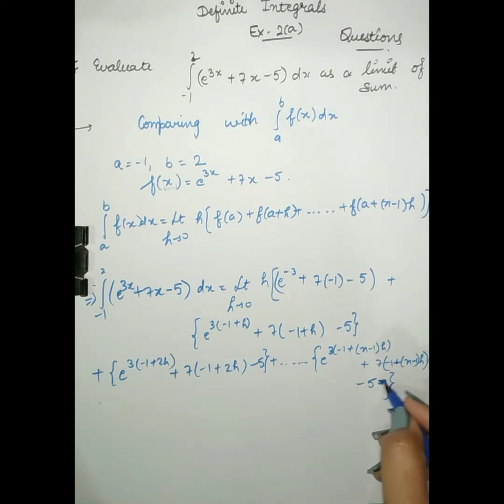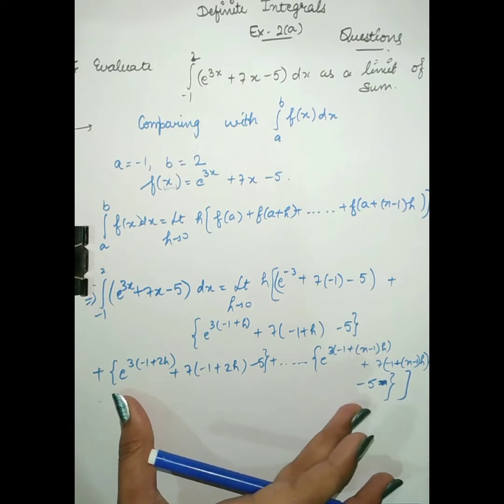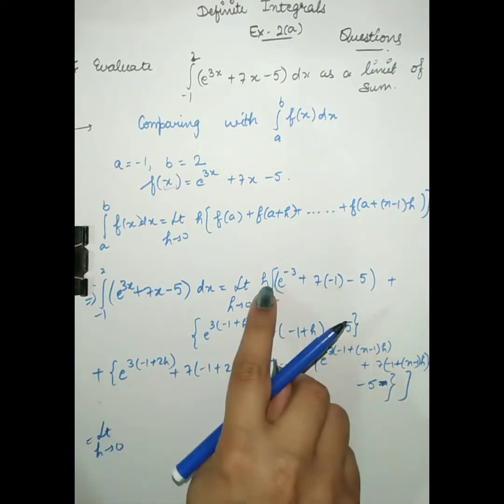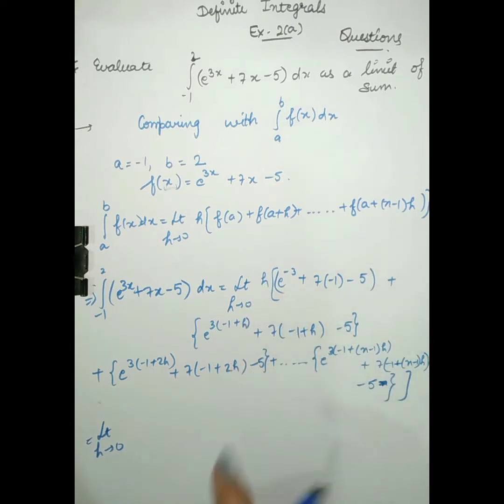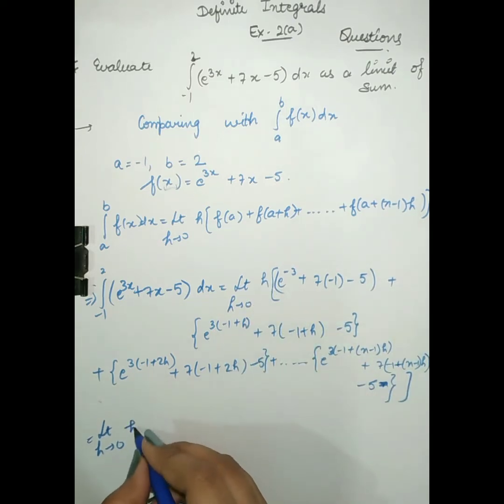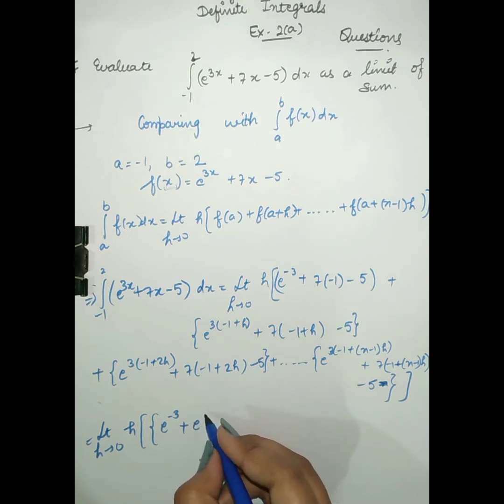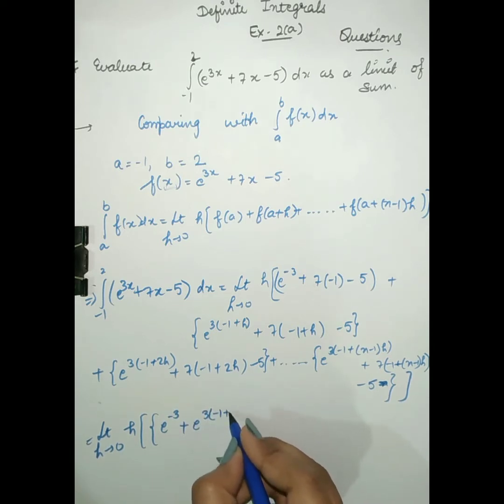Then by solving, this term becomes the limit h approaches 0 of h into e raised to the power minus 3 plus e raised to the power 3 into -1 plus h.